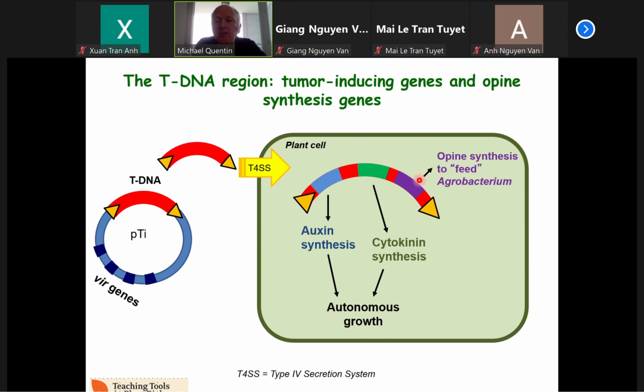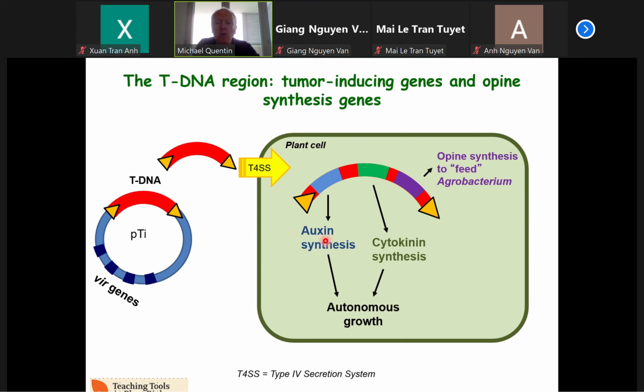And in fact, there are 3 genes that are carried by the tDNA, which is secreted by the Agrobacterium, Agrobacterium tumefaciens. One gene is responsible for the synthesis of auxin. One gene is responsible for the synthesis of cytokinin.